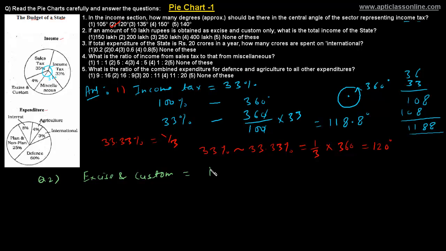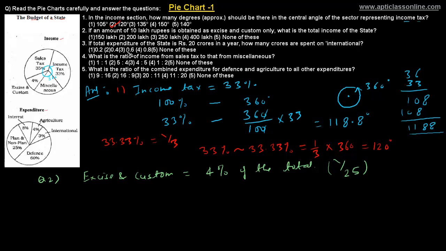That represents 4% of the total. So 4%, if we consider it in fraction terms, is basically 1 by 25, because 25 into 4 is equal to 100%. So 4% means 1 by 25th.